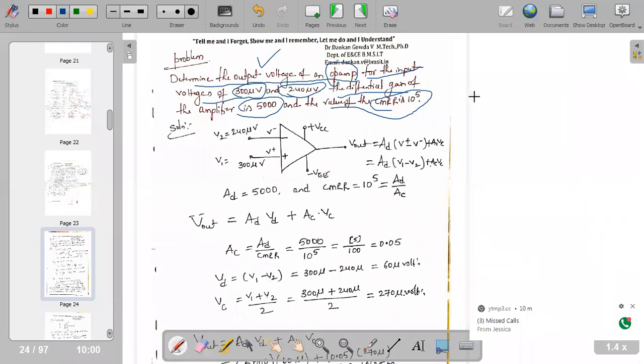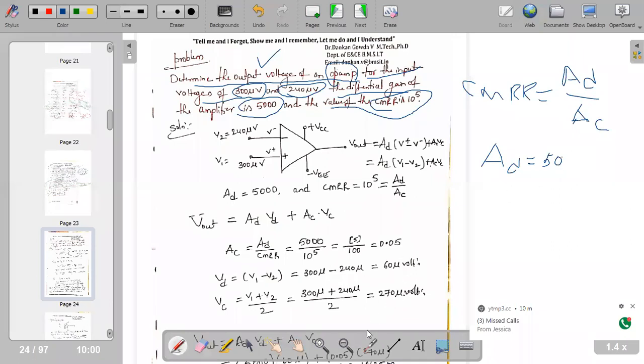Please understand, whenever CMRR is given, it is the ratio of the differential gain to the common mode gain. He has also given the differential gain of the amplifier, the AD value, which is 5,000.